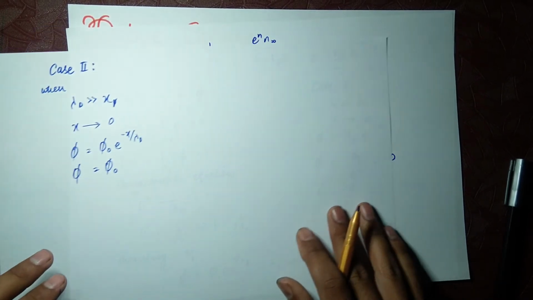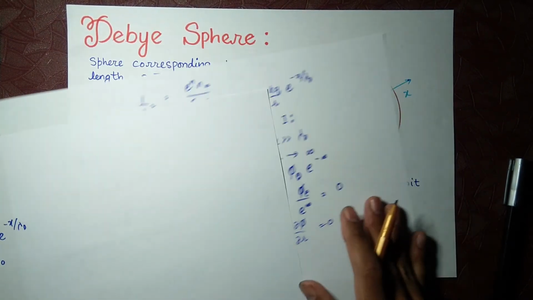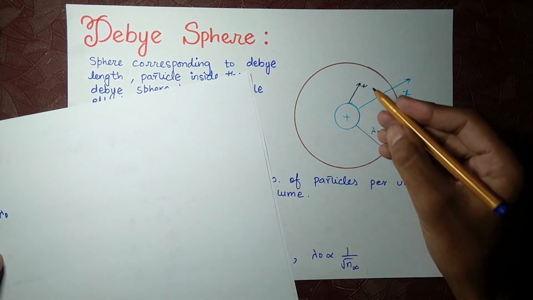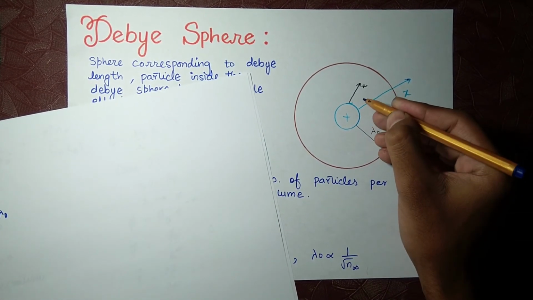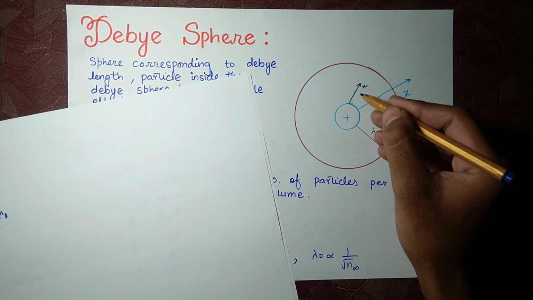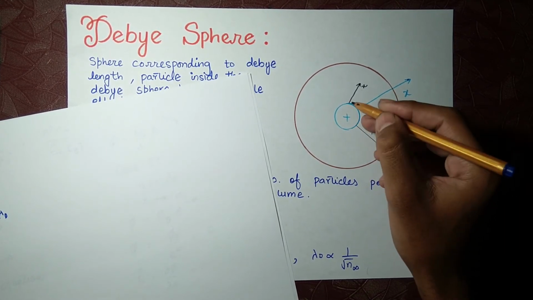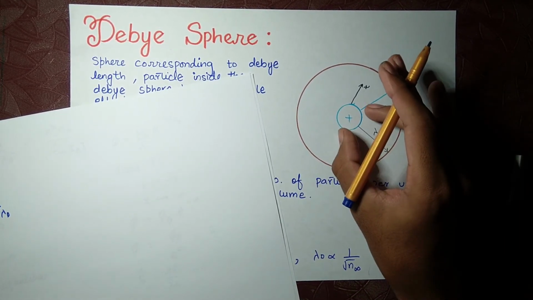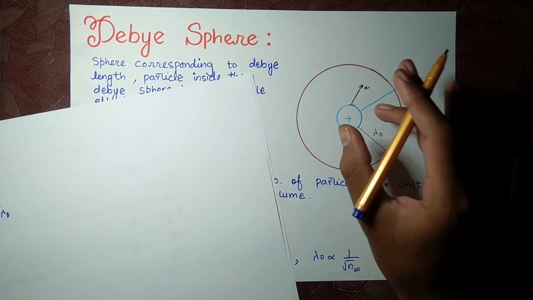It means that when the particle is inside the sphere, it will experience a potential which is simply the Coulomb potential.